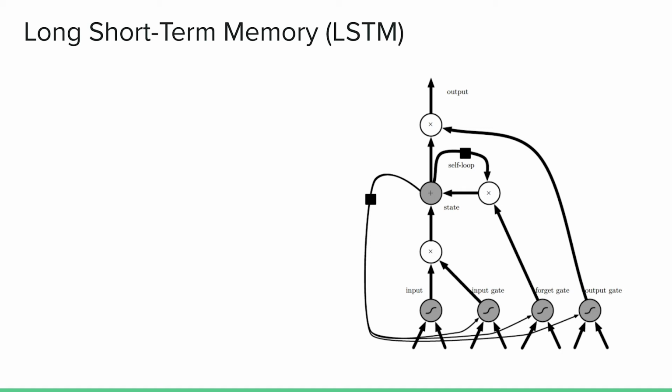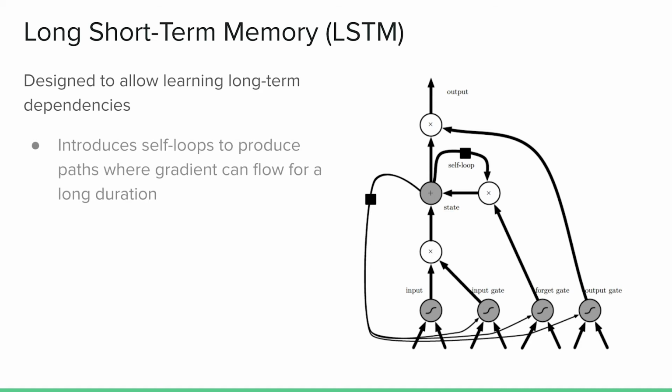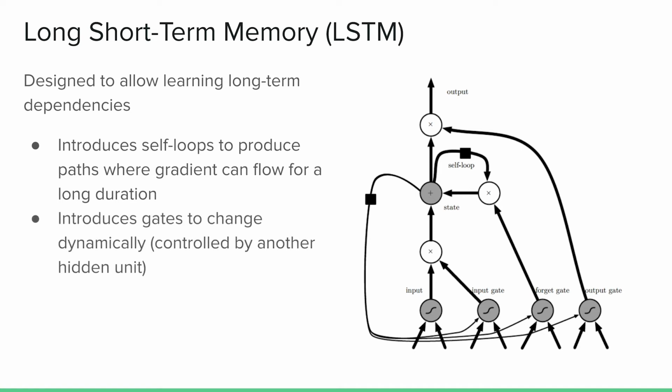So one of the main insights is that they allow us to learn long-term dependencies. So they have these self loops, these recurrent networks. However, they make certain adaptations. What they do is they introduce gates. And these gates control dynamically what information flows through our recurrent cell here and how it flows through.